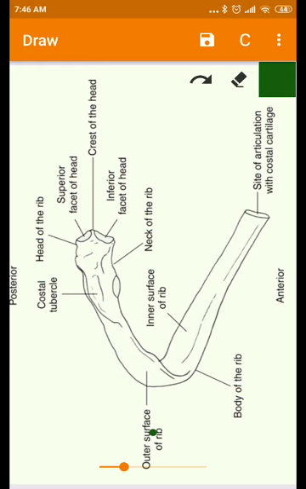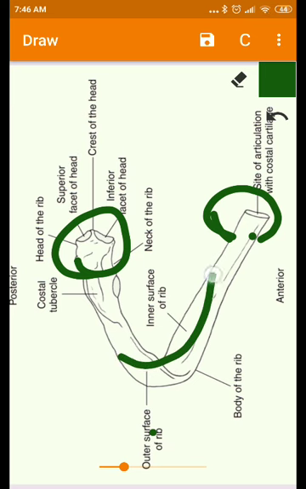Each rib has two ends and a shaft, and it has upper and lower borders and outer and inner surfaces. This is called the anterior end, this is the posterior end, and this one is the shaft.